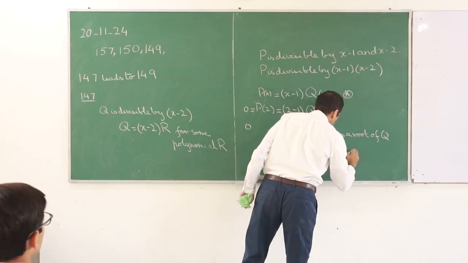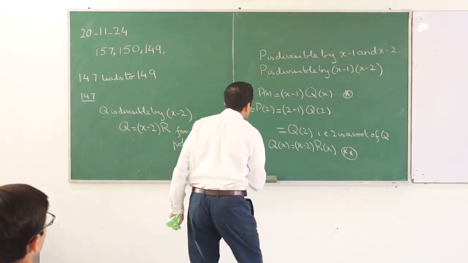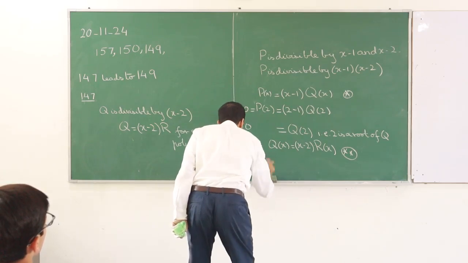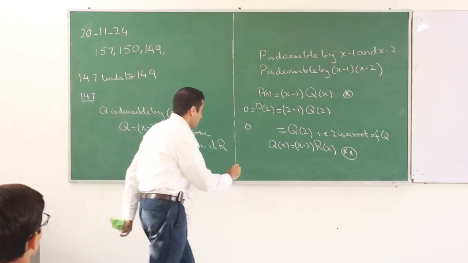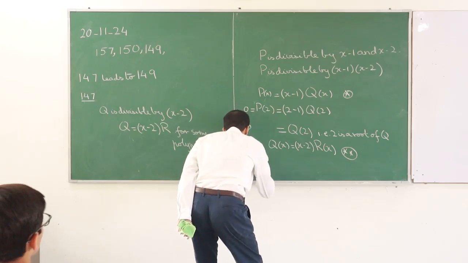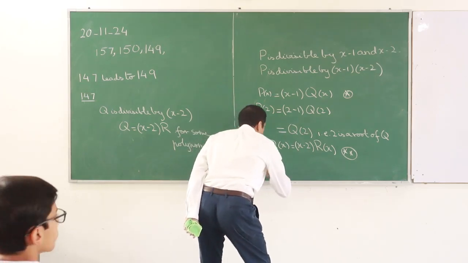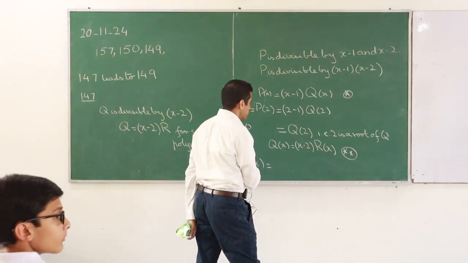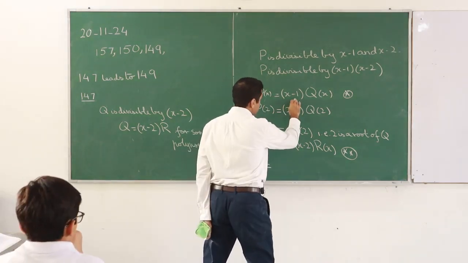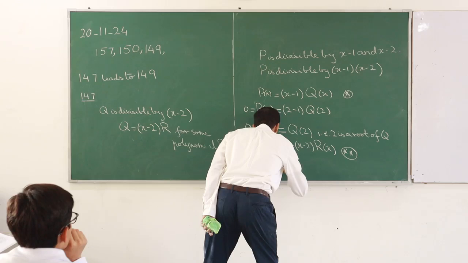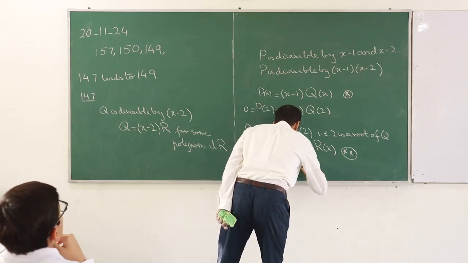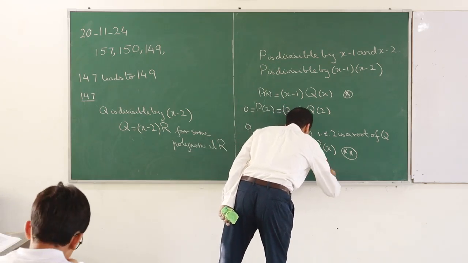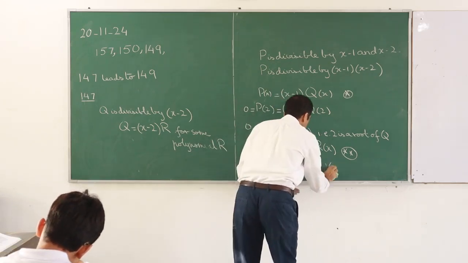And now if you put together star and double star, what you find out is that p of x is equal to x minus 1 into x minus 2 into r of x.